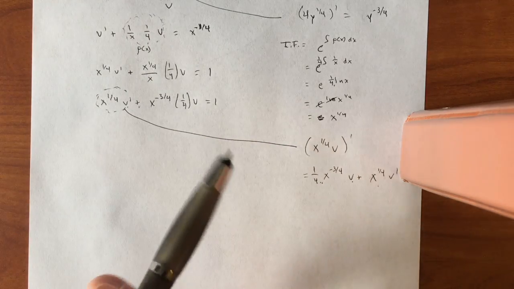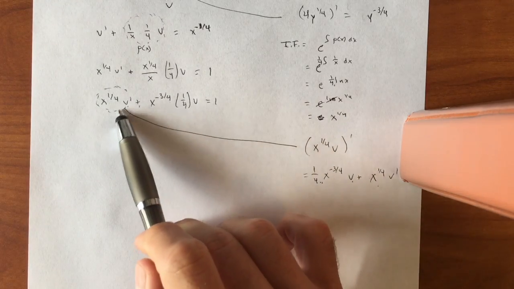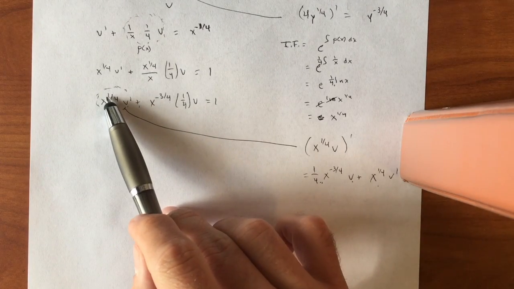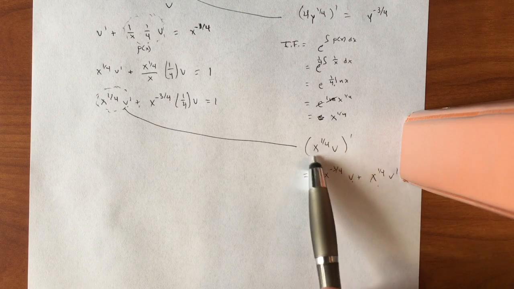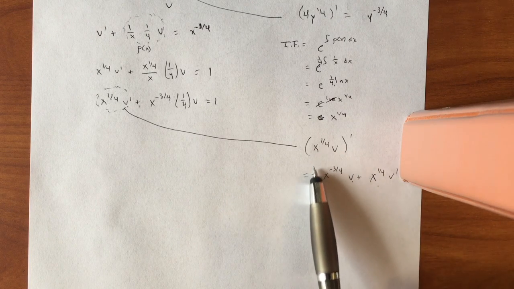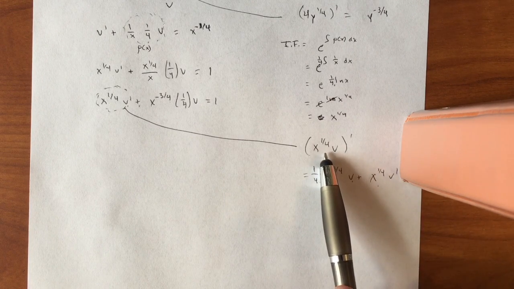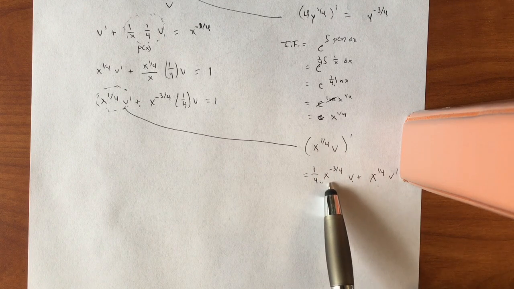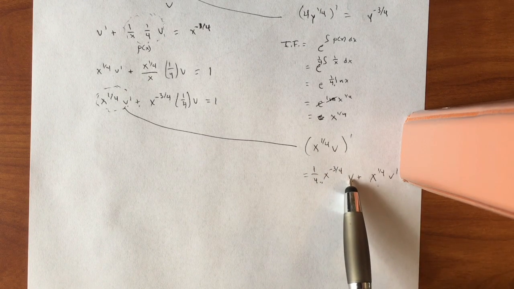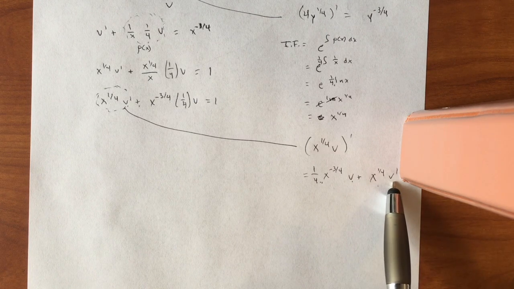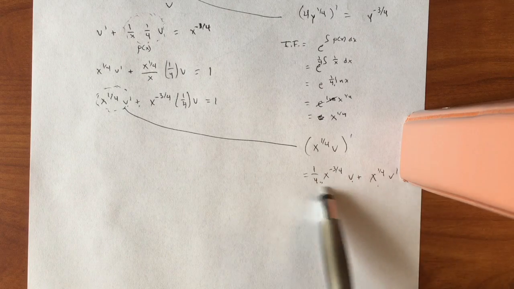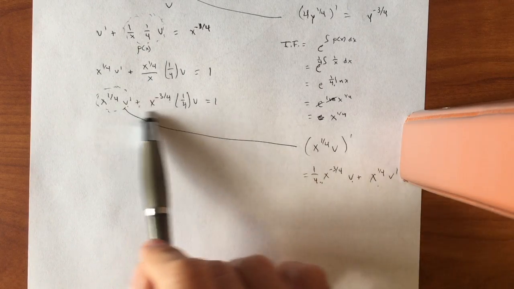And the interesting thing and the coincidental thing about this is that this term, if we look at this term right here, pull it out over here, if we take the derivative of this, we're going to get 1/4, it's the product rule, so we would get 1/4 x to the negative 3/4 v, plus x to the 1/4 times v prime. And interestingly enough, this is exactly what we have here.